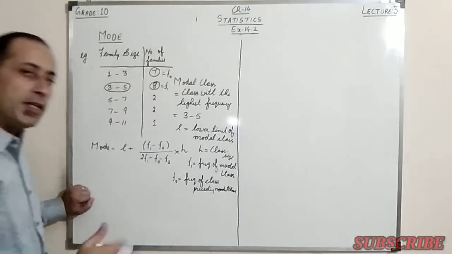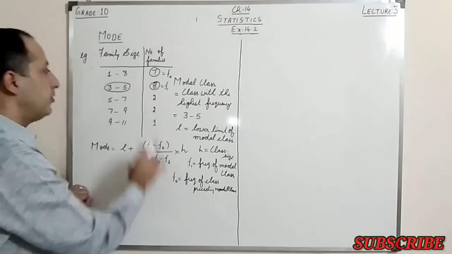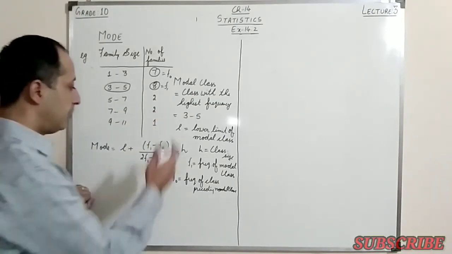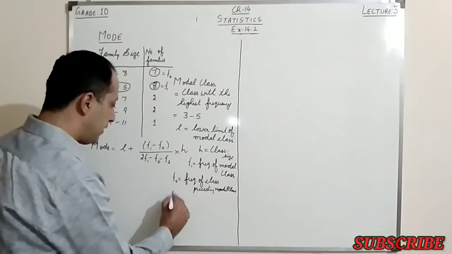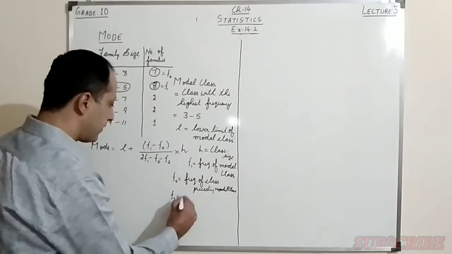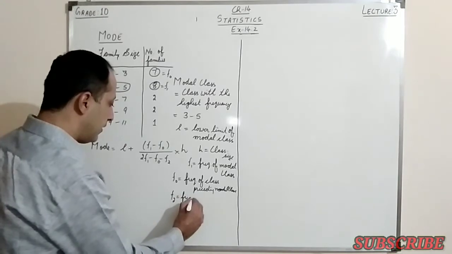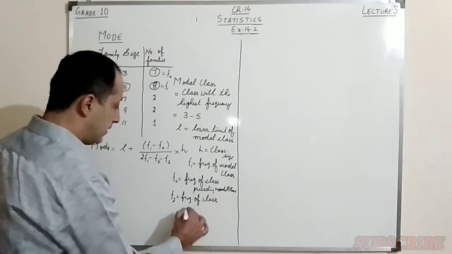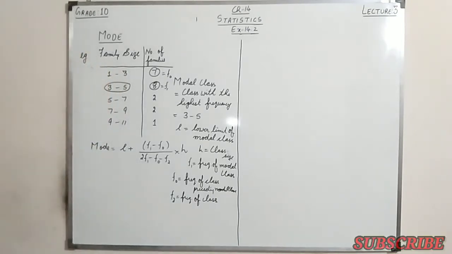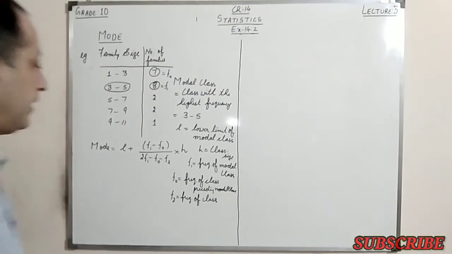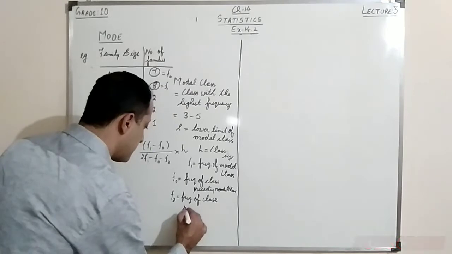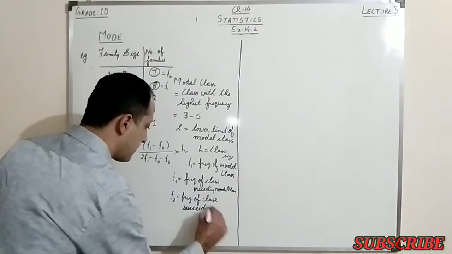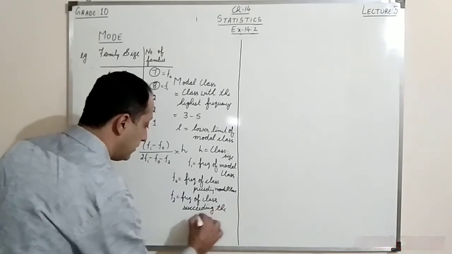Now 2 comes after 1, so F2 is the frequency of the class succeeding the modal class.